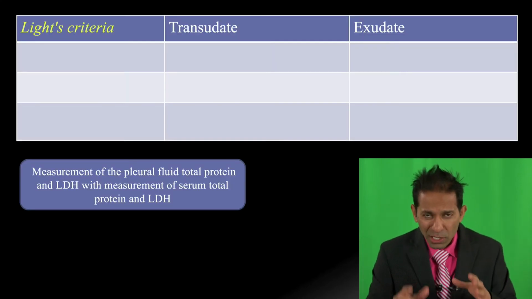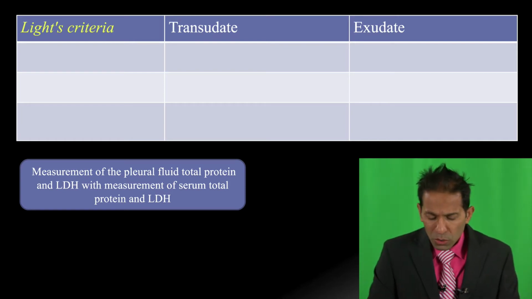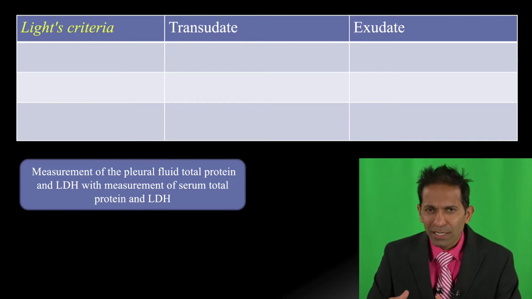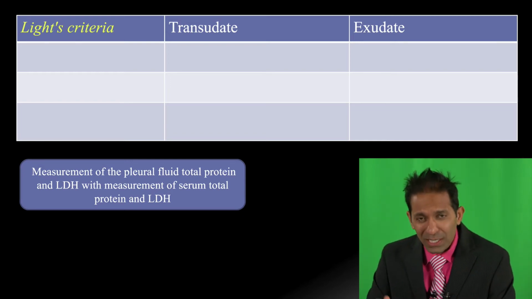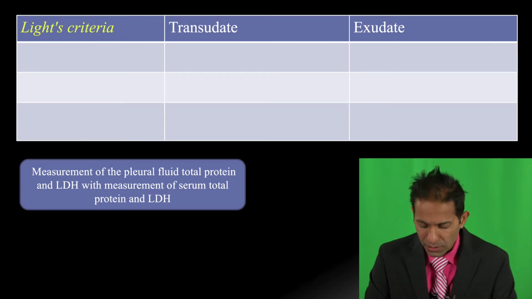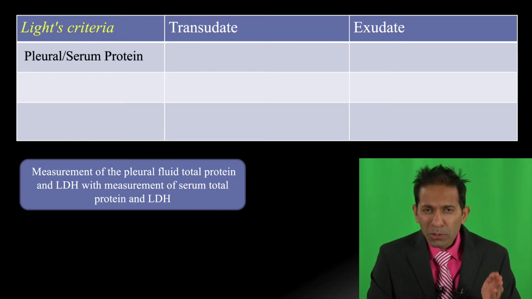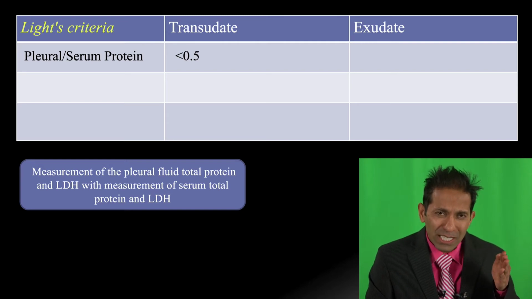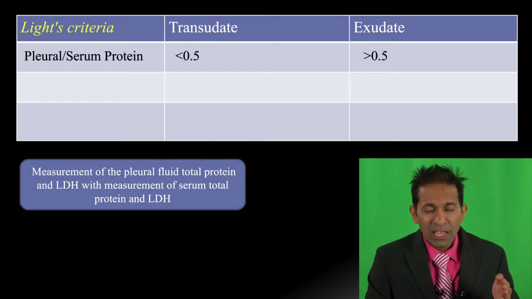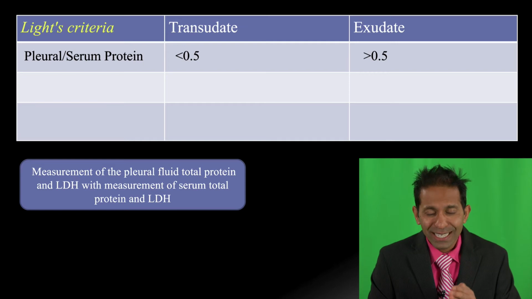So now let's talk about Light's criteria. When you are doing Light's criteria, you have to measure pleural fluid protein and LDH along with serum protein and serum LDH. If pleural to serum protein is less than 0.5, most likely the patient has a transudative effusion. If it is more than 0.5, it is exudative.